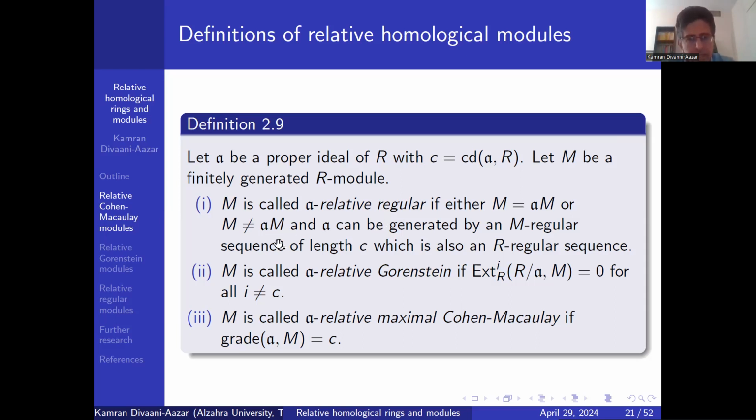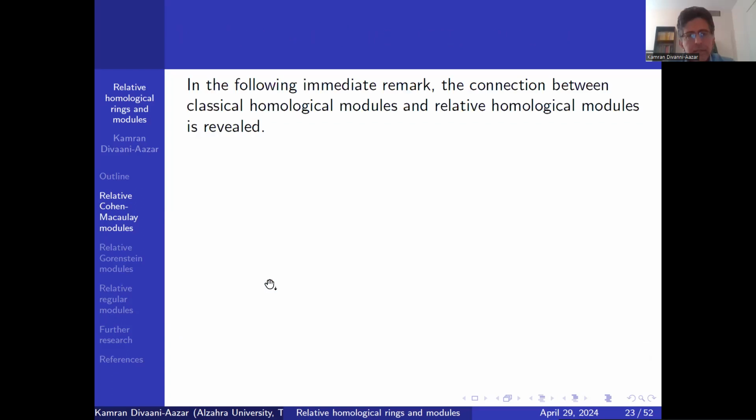Of course, in the ordinary theory of homological rings and modules, we don't have any notion of regular modules. And the third, M is called a relative maximal Cohen-Macaulay if the grade of M with respect to A is C. So we have these three definitions.